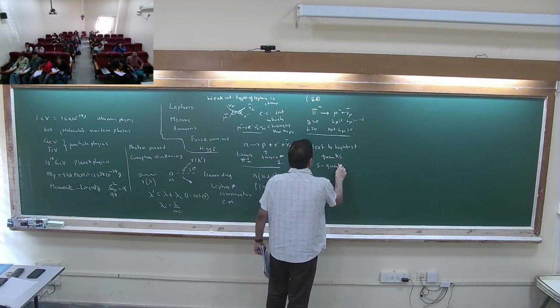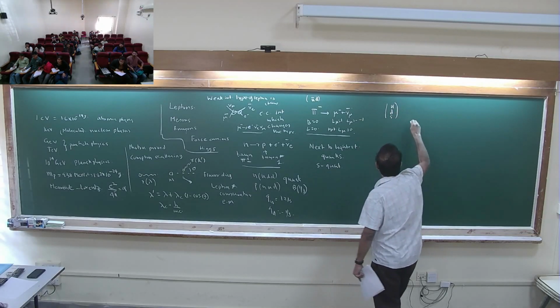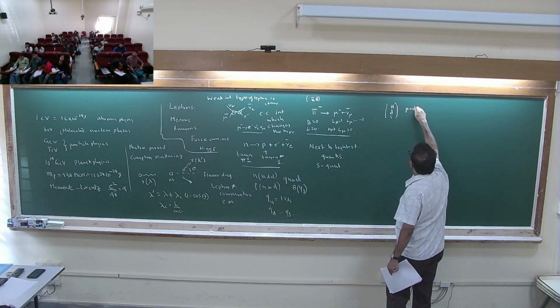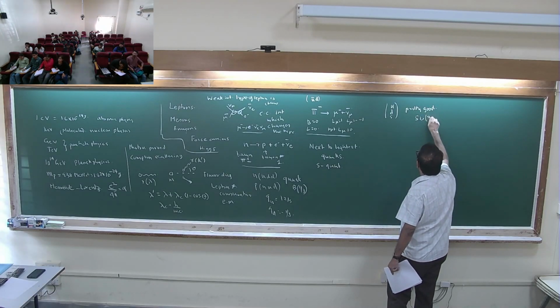So in fact, the UDS is the sector where we have a pretty good SU3 flavor symmetry.